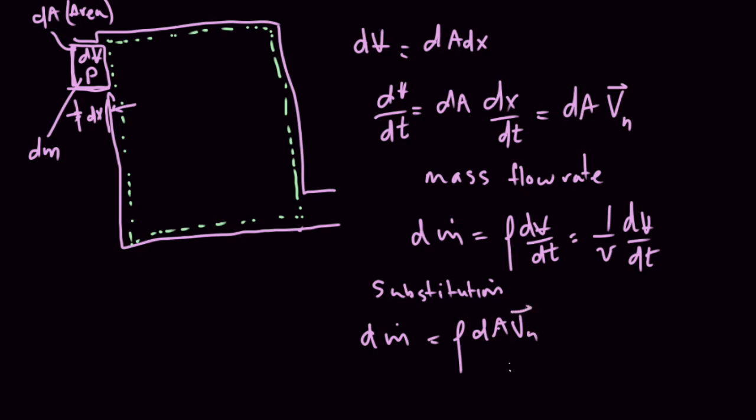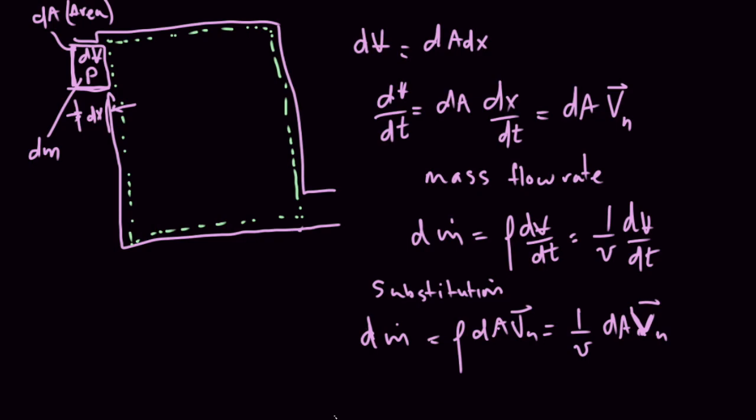We'll go ahead and put that little arrow here. And the velocity has the time rate component to accommodate the fact that it's the mass rate. And then this is equal to, again, 1 over the specific volume, v, times Vn. Apologize about that. Okay. So that is our equation for the flow rate.